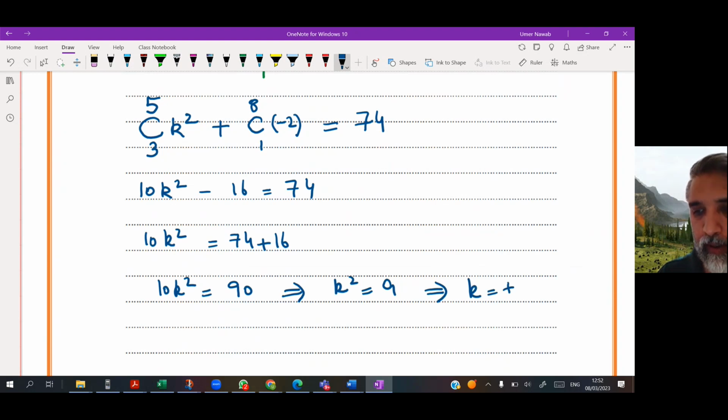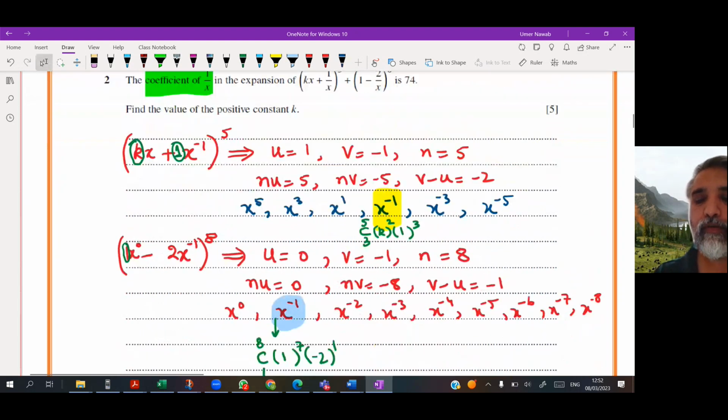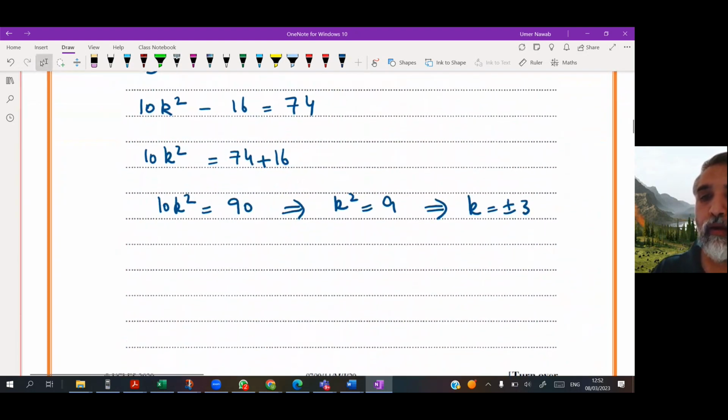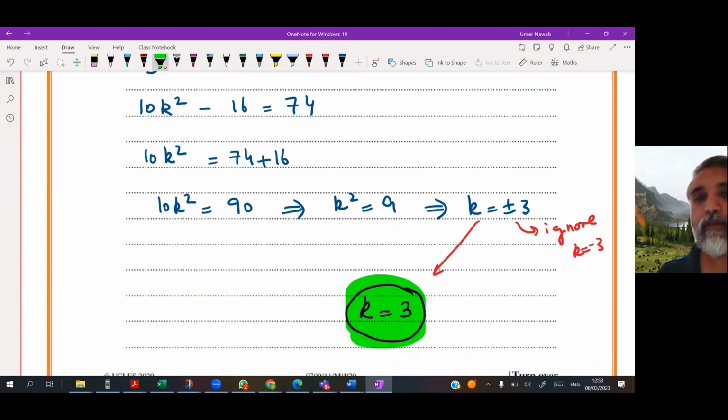K will be plus or minus 3. Did he ask us to find the positive value? Yes, so ignore K is equal to -3. So your solution will be K is equal to 3. That's the final answer.